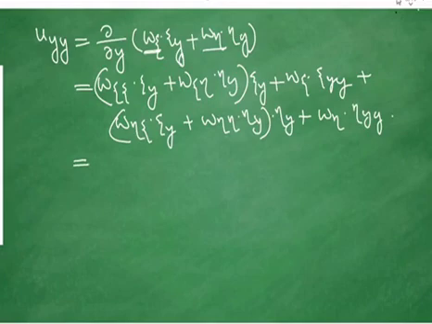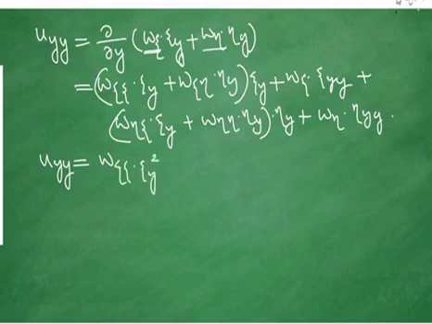Or rewriting this, we can write uyy as w theta theta into theta y square, plus now the w theta eta term. So combining the terms, there is theta y eta y into w theta eta and again theta y eta y w eta theta, and we know that w theta eta and w eta theta are the same.